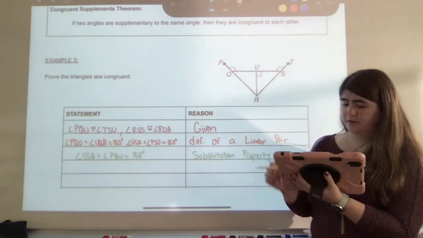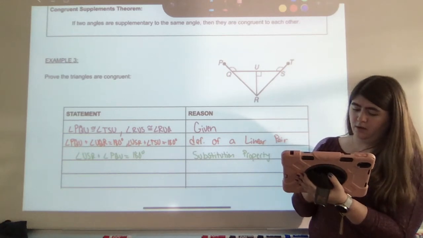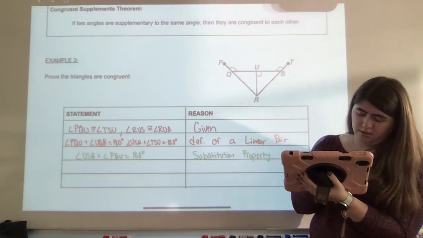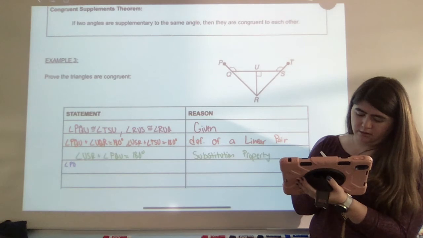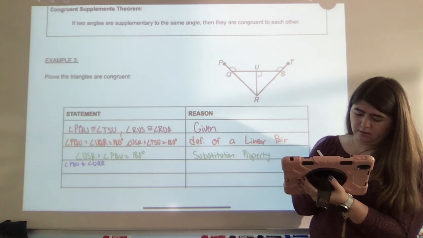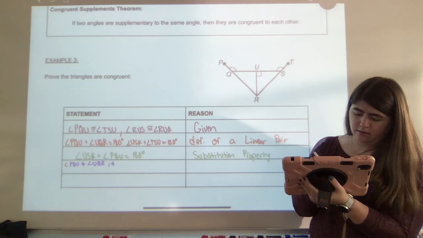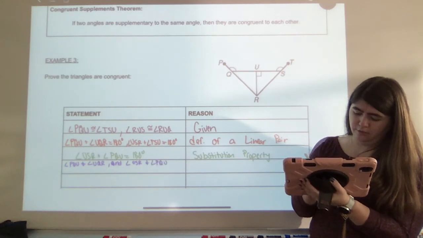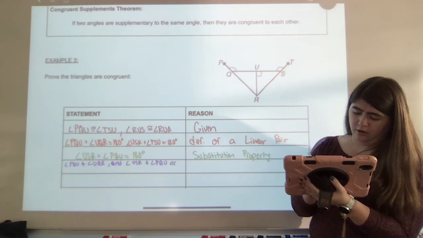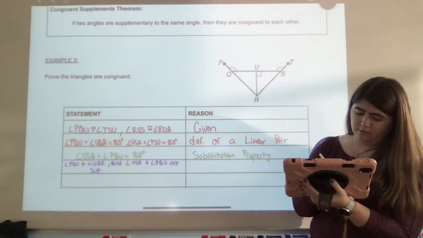So I have in one line here angle PQU and angle UQR, and angle USR and angle PQU are supplementary angles.